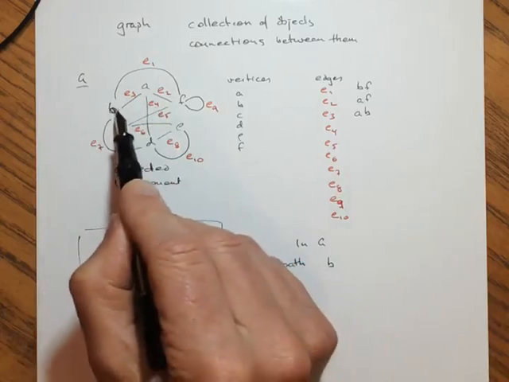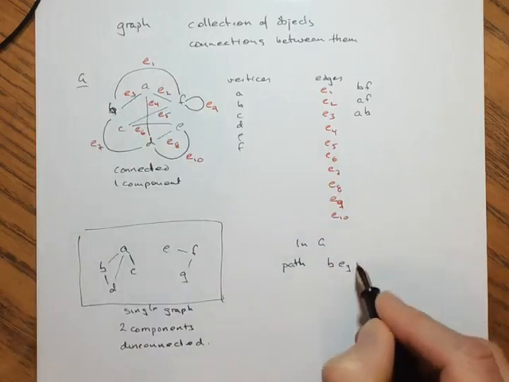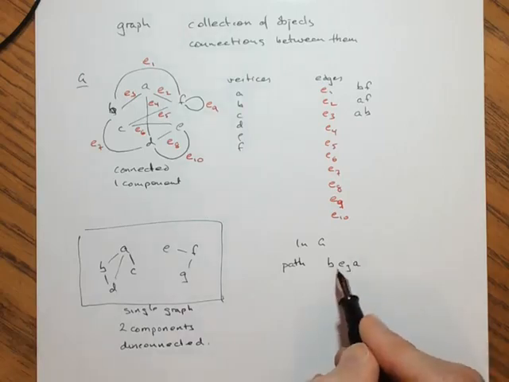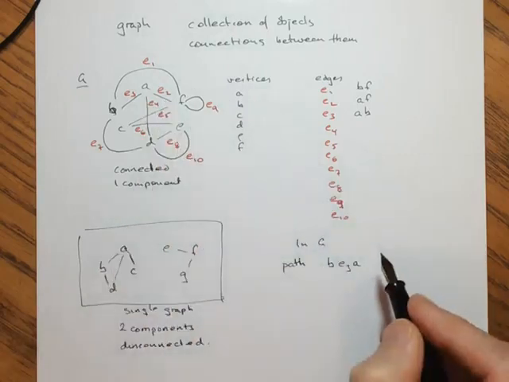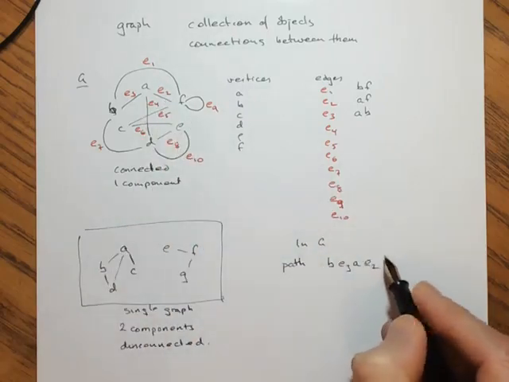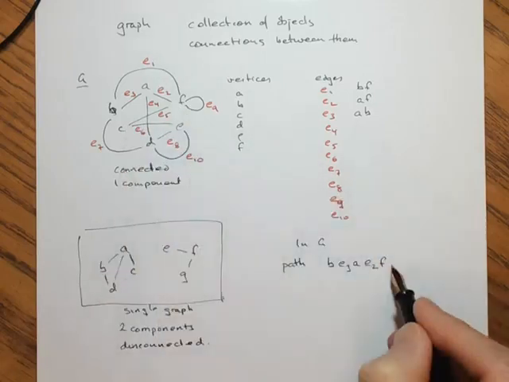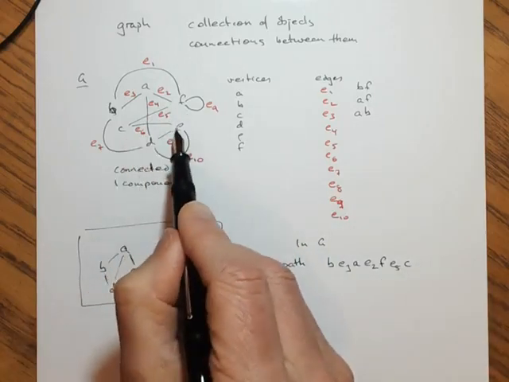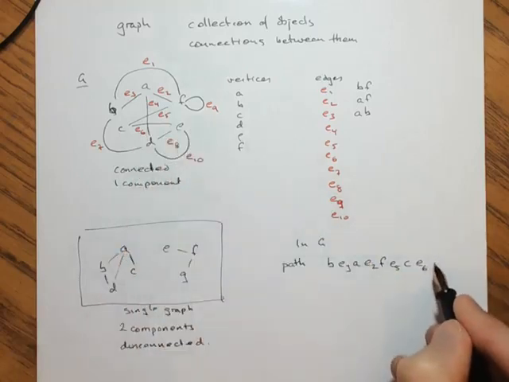So let's say we go from B to A via E3. We're going to list the vertex edges in turn, so alternate them. So path B goes via E3 to A, then we might go via E2 to F, then via E5 to C, and then let's say via E6 to E.